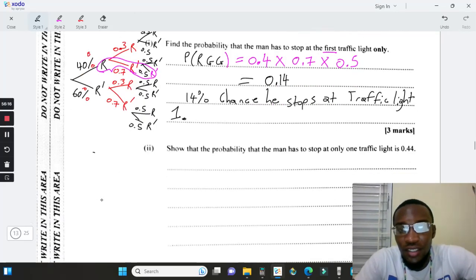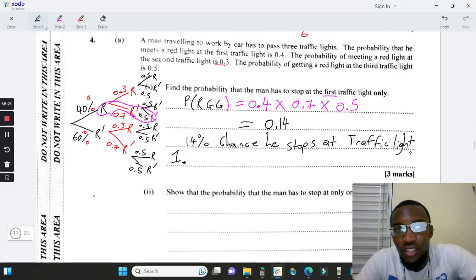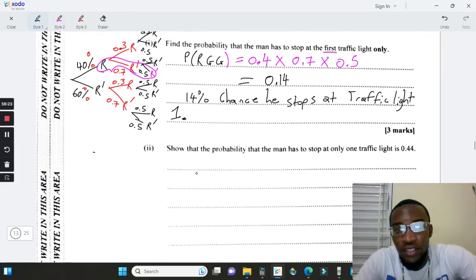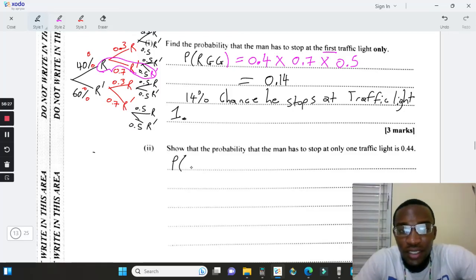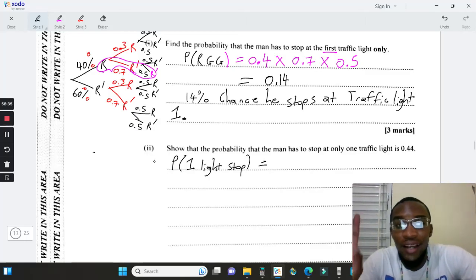Now it says show that the probability that the man has to stop at only one traffic light is 0.44. So the probability that he stops at one light only. If he stops at only one light, then there are different routes it could be.